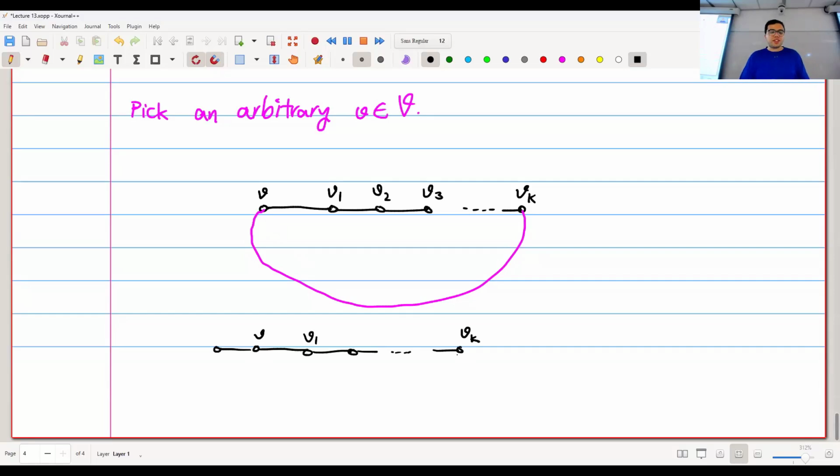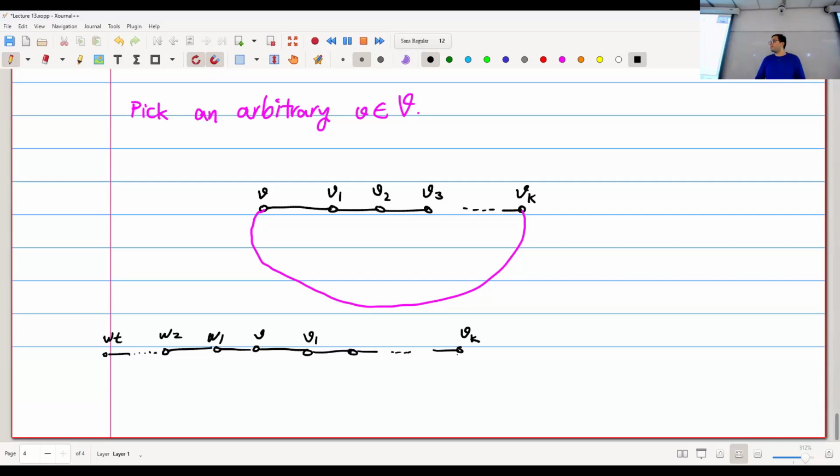Let's see if I have somewhere else to go from V. Let's say I can go to W1, W2, so on to WT. I will again get stuck at this side too, because it's a finite graph. But when I get stuck, this one will also have degree 1, because if this one has degree 2, then I will have a cycle. I've already covered the case of the cycle. So now I have a path.